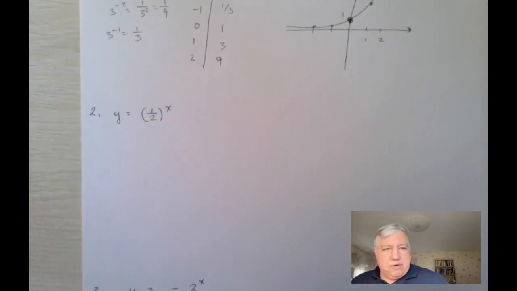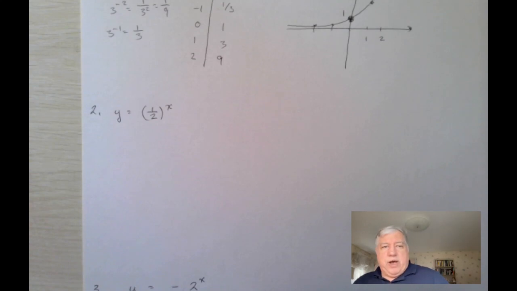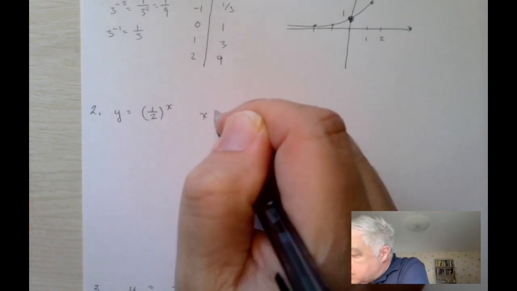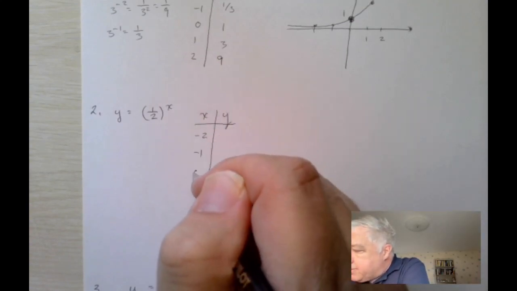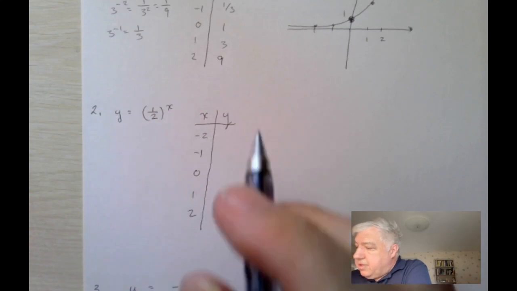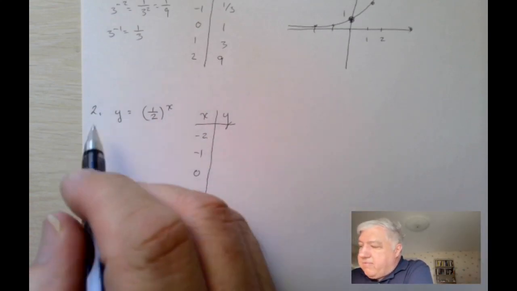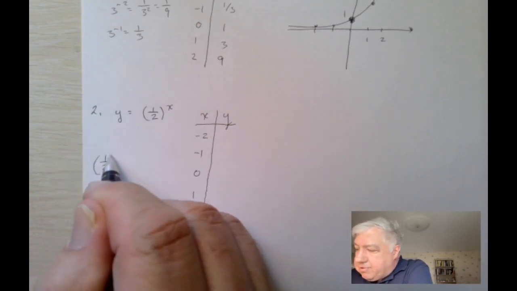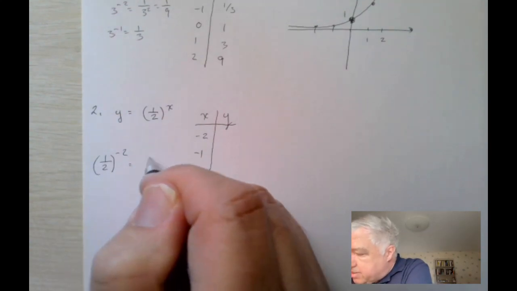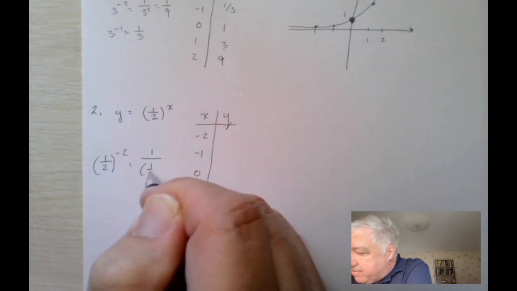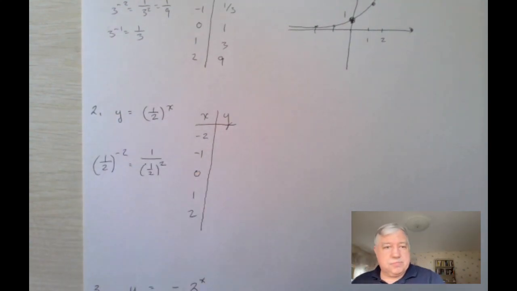Now, if we look at another example, y equals 1/2 to the x, we have negative 2, negative 1, 0, 1, 2. What is 1/2 to the negative 2? To do this, we could use our calculator, but this is going to be 1 over 1/2 squared. Remember, that's how we do negative exponents.